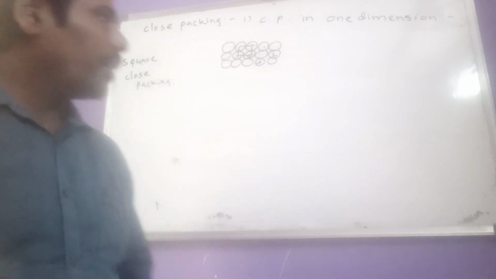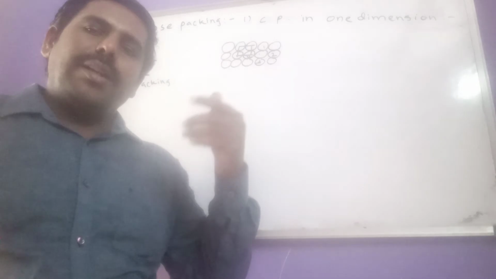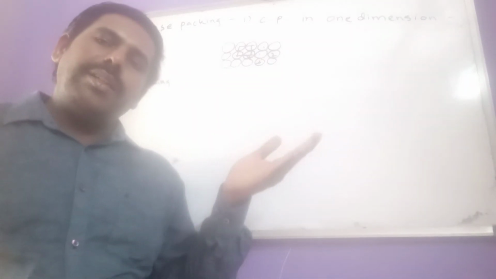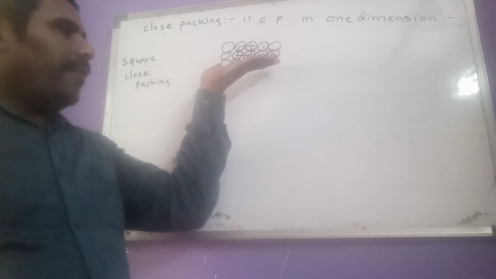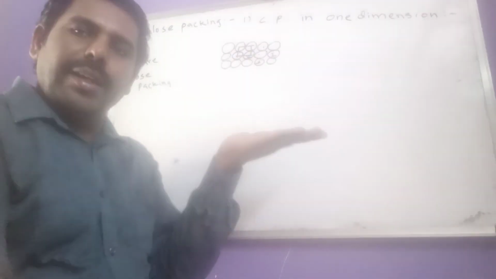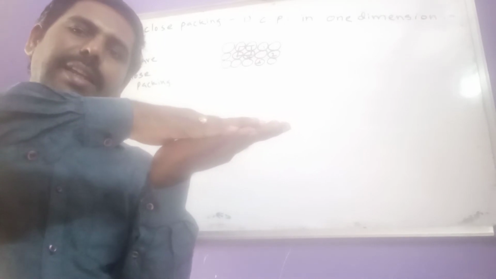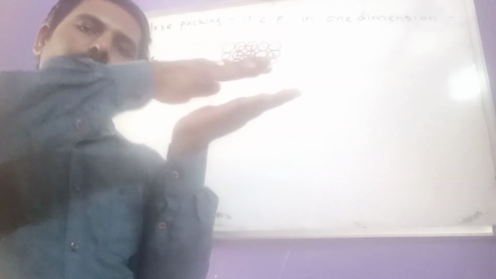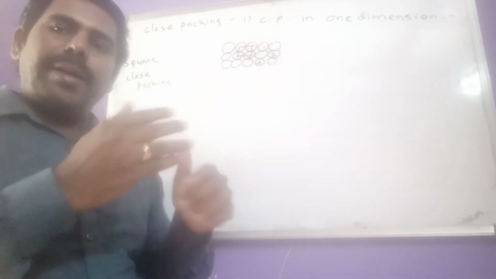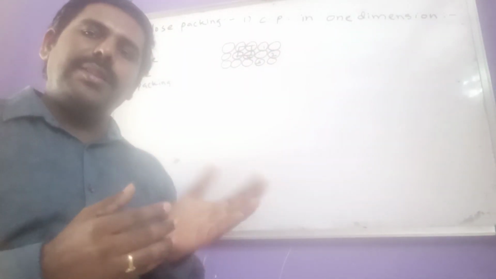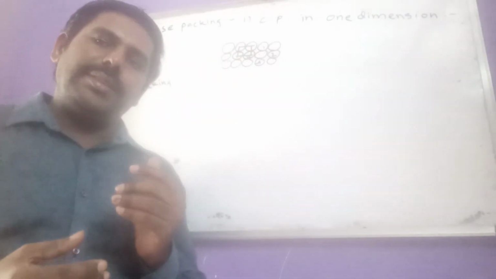Okay, then if this square close packing is converted into three-dimensional close packing, that means on the first layer of spheres, if you place the second layer spheres exactly, and also a third layer, fourth layer, like that, if you repeat that same arrangement in multiple layers, that leads to the formation of a three-dimensional arrangement.